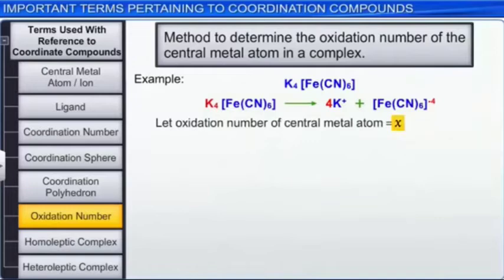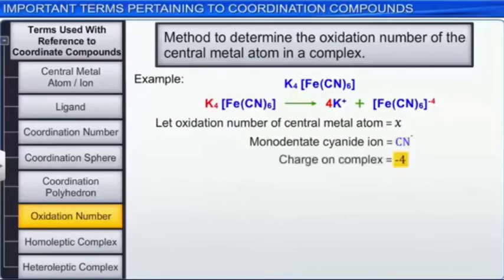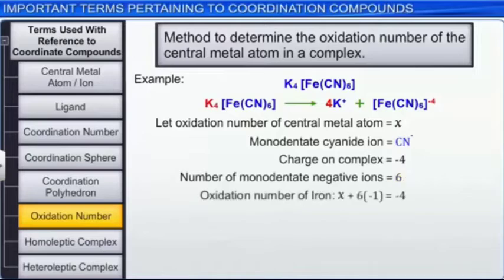Knowing that the complex carries a charge of -4 and has 6 monodentate negative ions, the oxidation number of iron can be determined as X plus 6 multiplied by -1, which is equal to -4. On simplification, we get X is equal to +2. Thus, the oxidation state of iron in the given complex is +2.